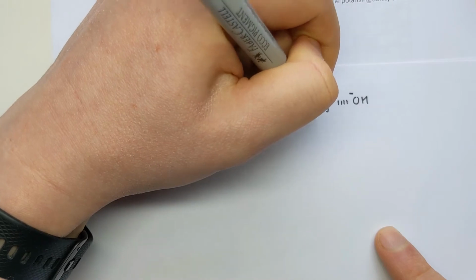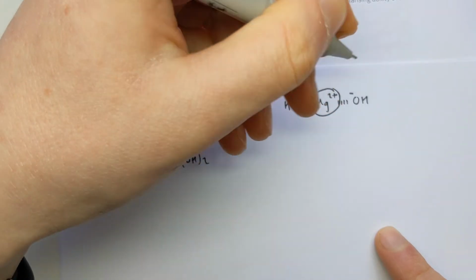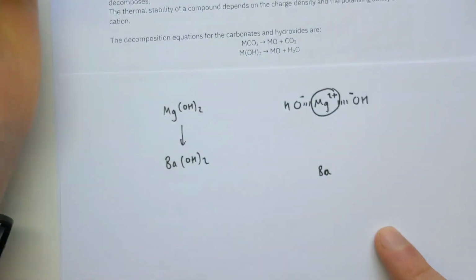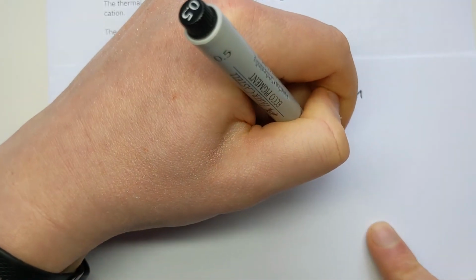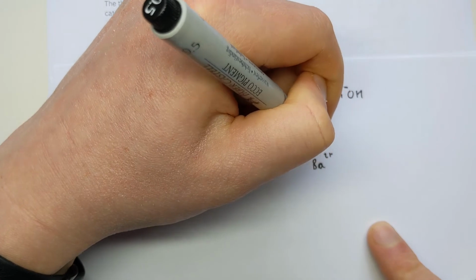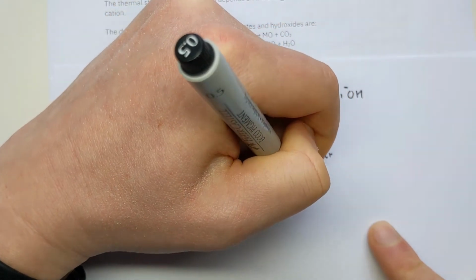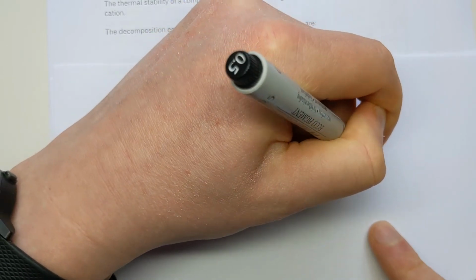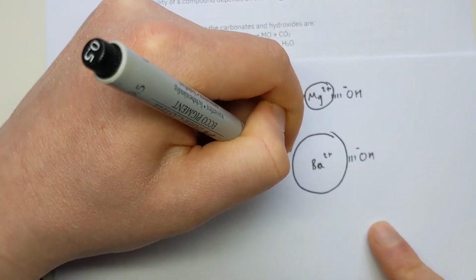Magnesium is actually quite a small ion in the grand scheme of things. We'll come back to why that's important. Barium hydroxide still has a 2+ charge, but it's right down the bottom of the group. We talked about the trend in atomic radii. It's a really, really large ion, which has an attraction to 2 hydroxides.